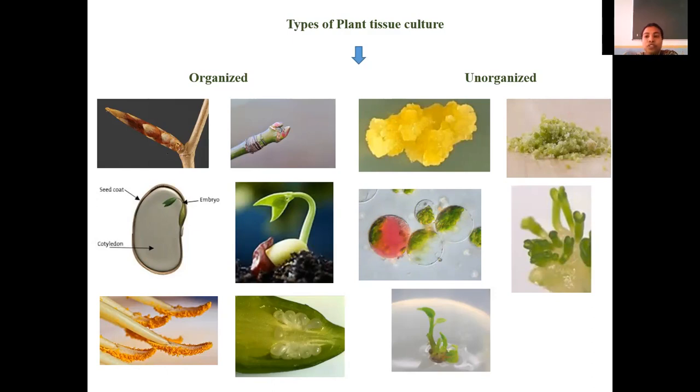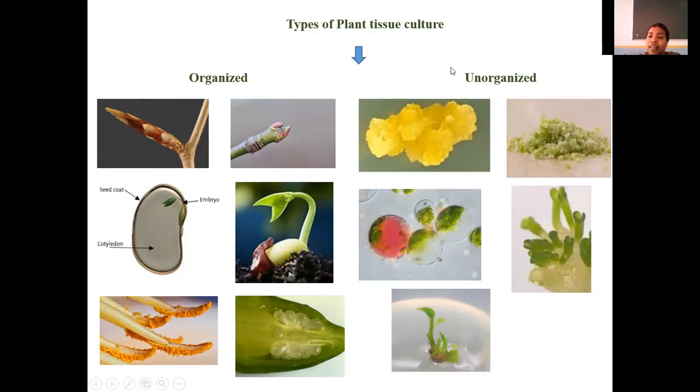The endosperm is a beauty tissue giving nutrition to the developing embryo. If it is not well developed, the embryo will suffer. At that time, to rescue the embryo, you can use those embryos; we call it the embryo rescue technique. Then non-viable seeds, anther, pollen, ovary or ovule. If I'm using complete plant parts, that comes under organized plant tissue culture.